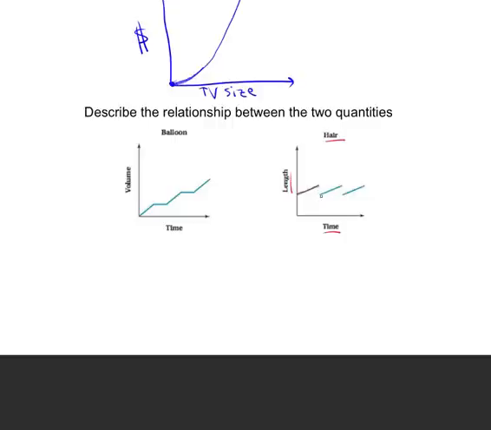And then why would it jump? What do you do to your hair? Oh, there's a haircut. So we get our haircut and it gets put back to the same length that you had before. And then it increases at a constant rate. And then we get a haircut again, back to the same spot. And then it increases at a constant rate.